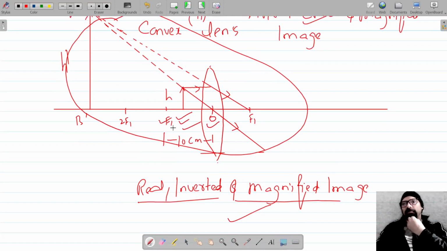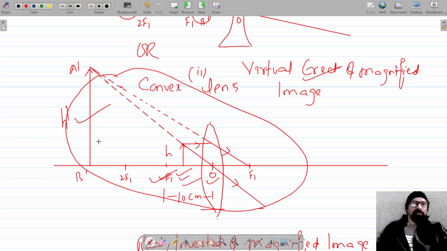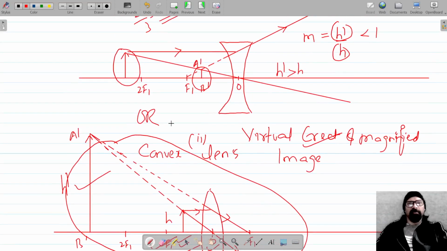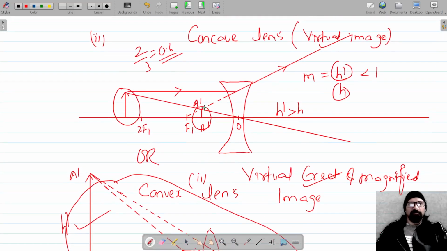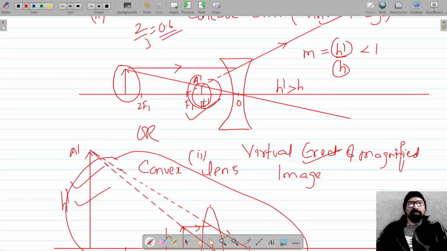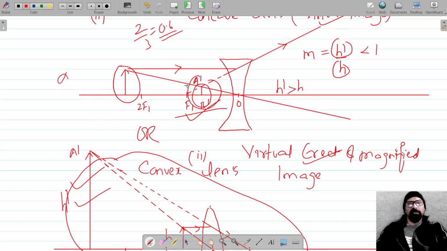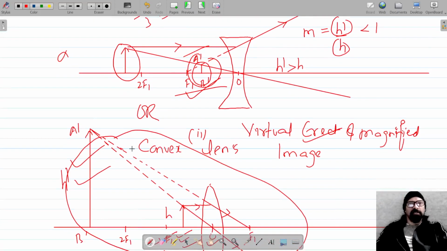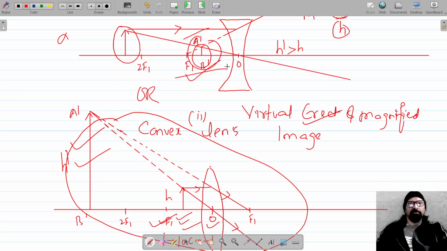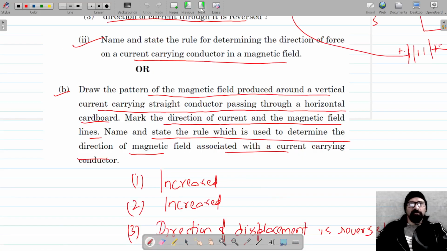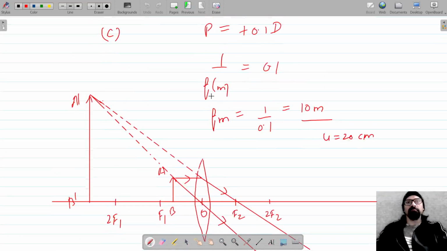Here the object is placed between the optical center and the principal focus, and this is the magnified image formed in case of a convex lens. In case of a concave lens, this is the image formed, which is diminished. Here the image is enlarged and the object is placed between O and F. Here the object is placed anywhere between infinity and the optical center, and we get a smaller, diminished virtual image. So that's the noticeable difference.